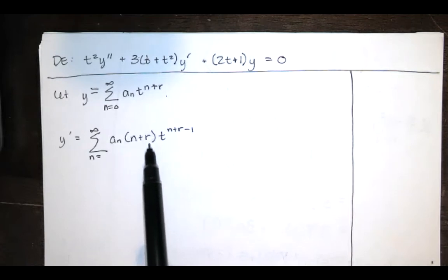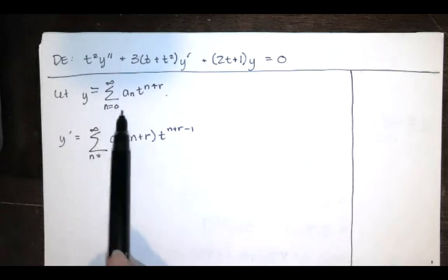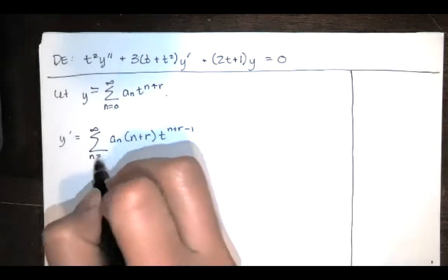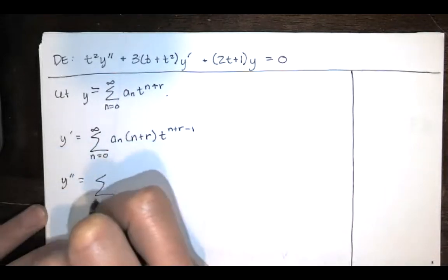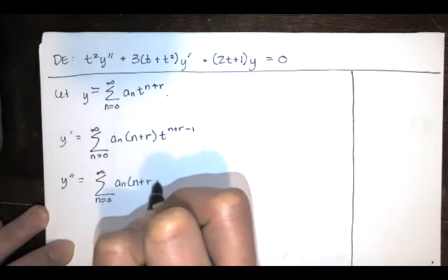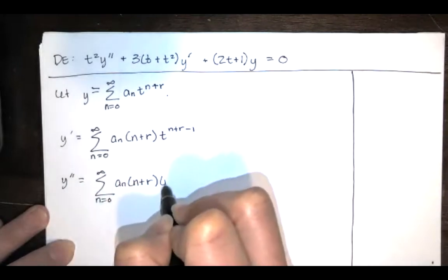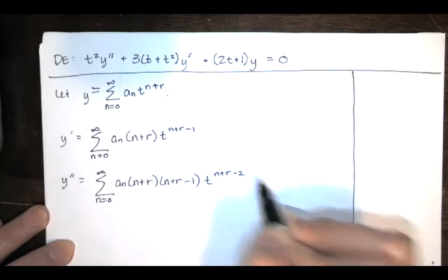But if there is an r here, this isn't necessarily 0. So we're going to keep the n equals 0 here as we take the first derivative. If we take the derivative again, we're still going to keep that 0. Bring the power down, multiply by t to the 1 less power.